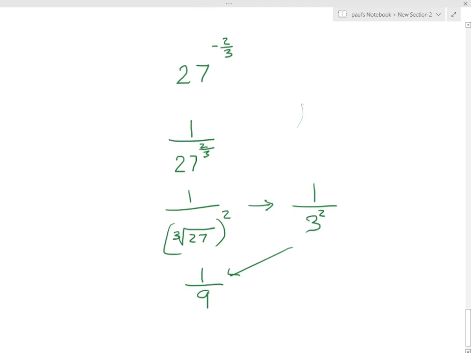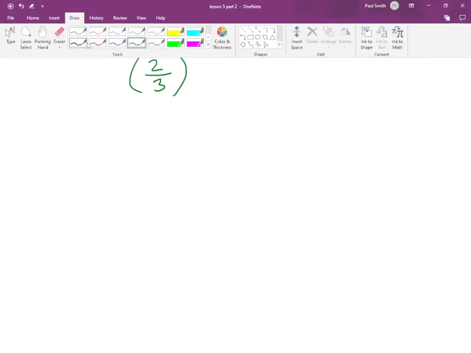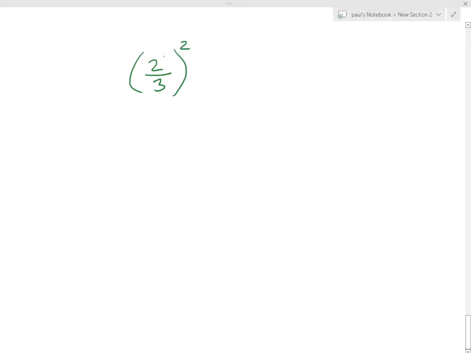Right, what happens if we've got a fraction inside? What happens if we've got 2/3 squared? Now, remember that when a power is raised by another power, we multiply them, but we haven't got any in there, have we?